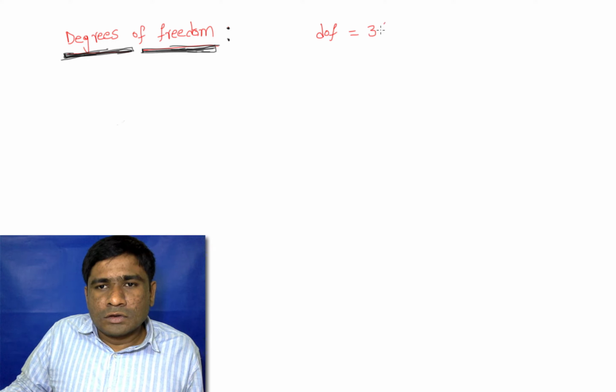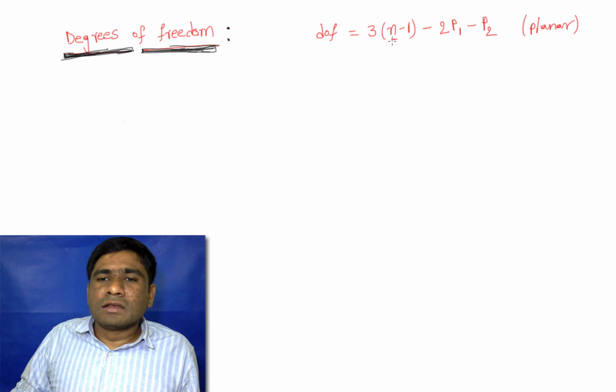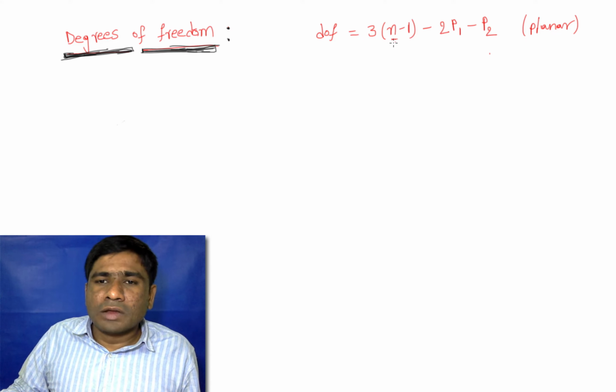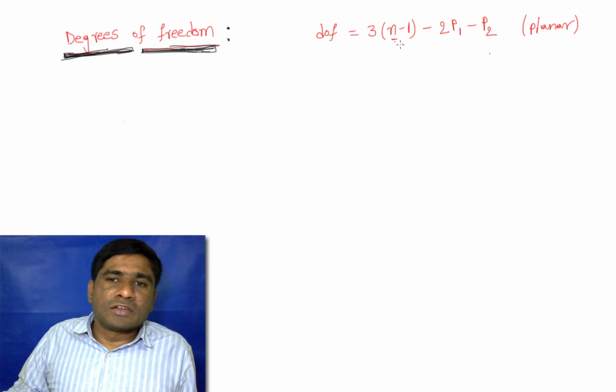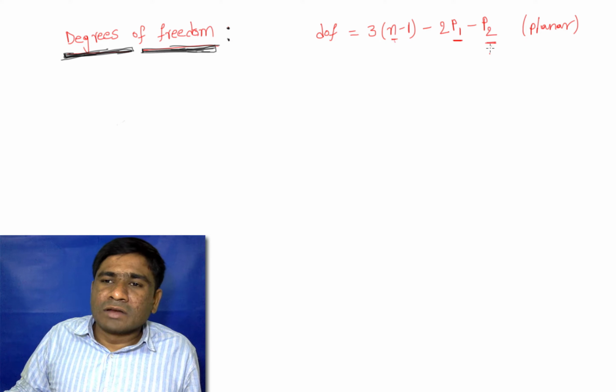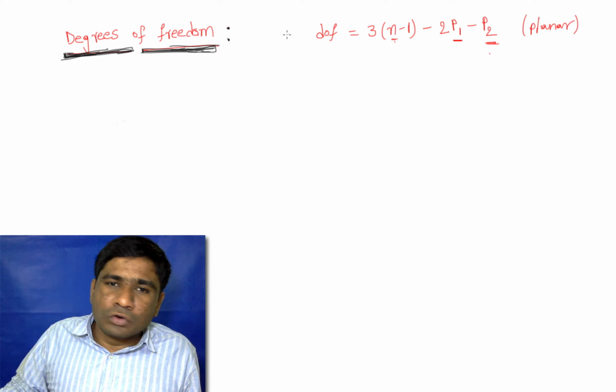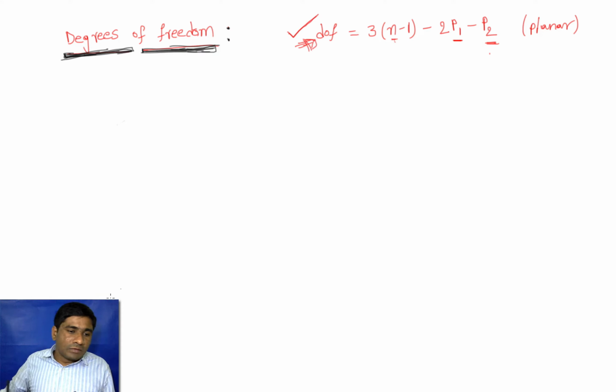This is for planar mechanisms, and when I say mechanisms, that means one of the links is fixed. Here n is the number of links in a mechanism, and what are p1 and p2? We will define those, and there is no need to memorize. We will derive this particular equation by considering a set of examples.